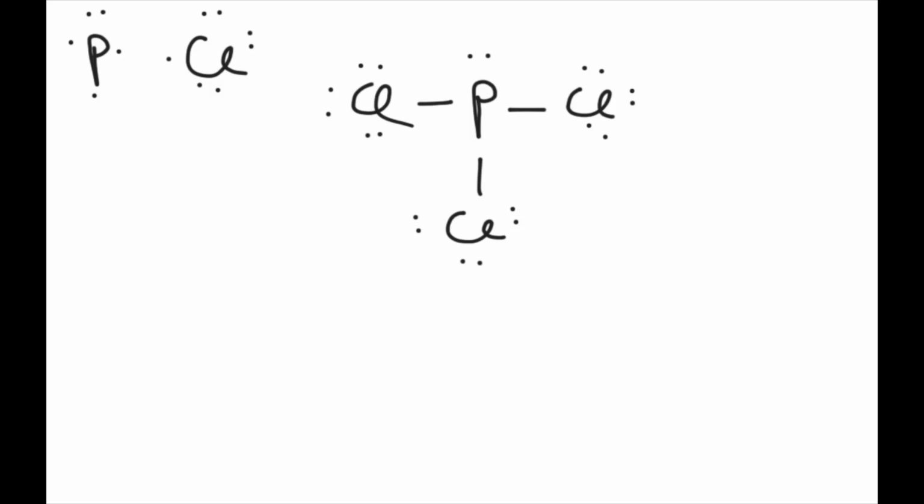This fulfills the octet for phosphorus. Now this is based off of the octet rule, where phosphorus itself only has 8 electrons around its center. Chlorine each only has 8 electrons around its center. But where it can get confusing sometimes is that phosphorus, not being in the second row of the periodic table and being in the third row, actually can have more electrons around it than just the 8.